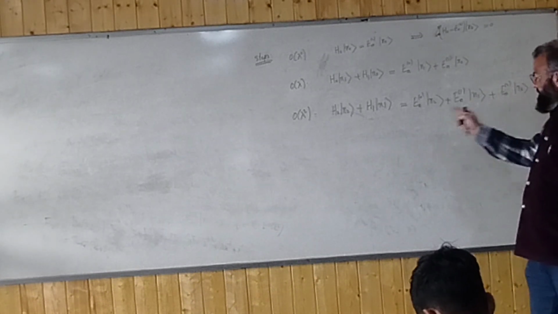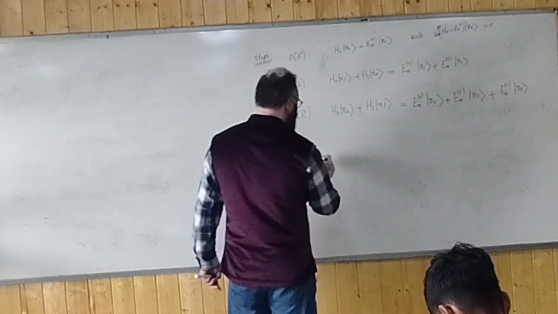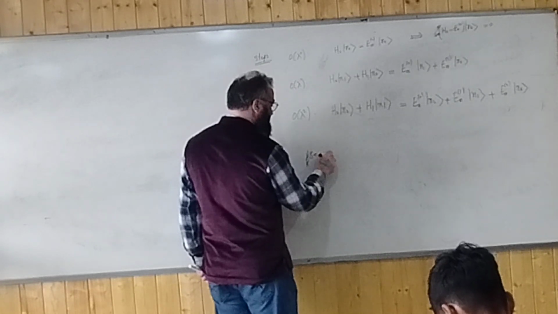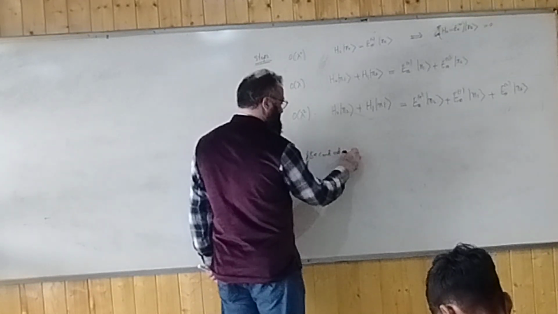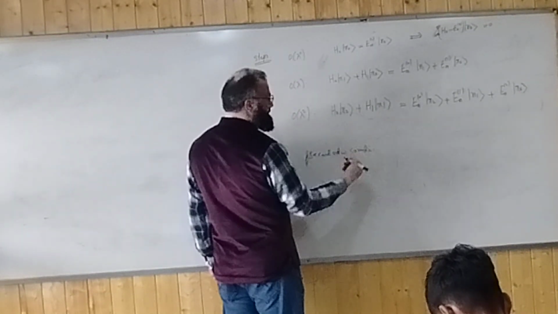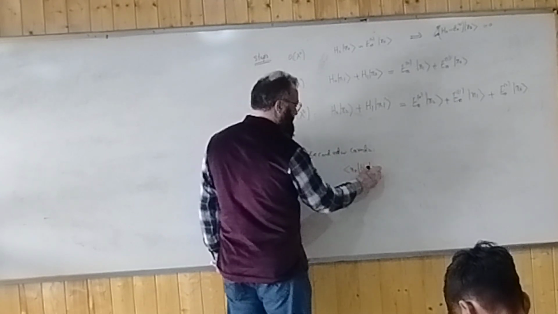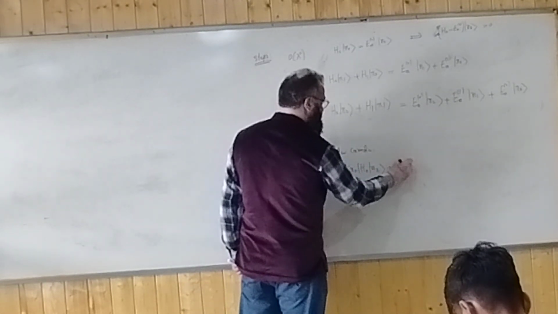So what you do now, let's calculate the second order correction. Multiply on the left. So you put n naught, the way we did with the first order correction. No noise, please.